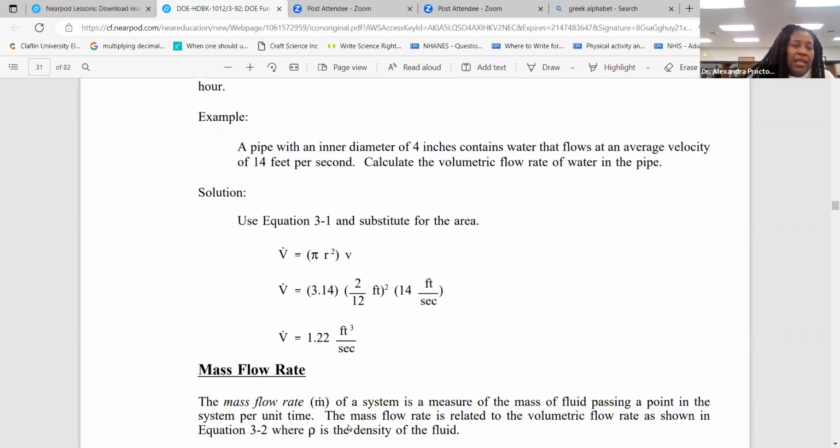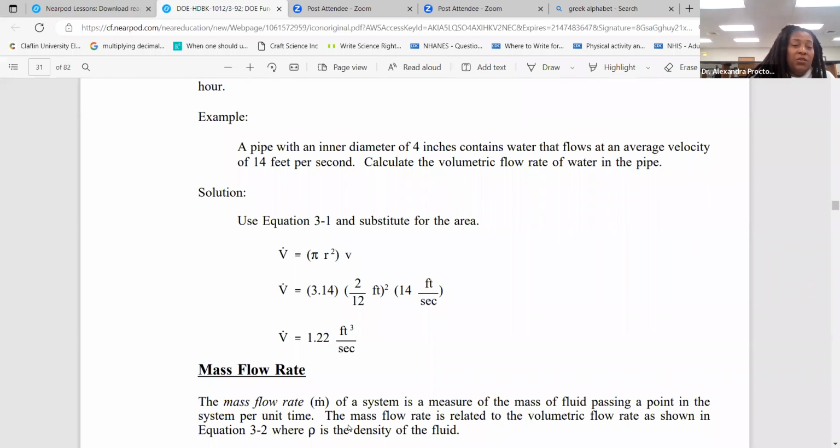They take equation 3.1 and substitute for the area, pi r squared. So V is equal to pi r squared times lowercase v. They substitute in pi, 3.14, and put in the conversion factor.